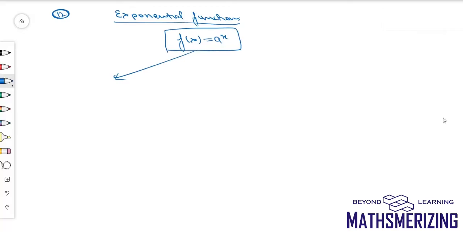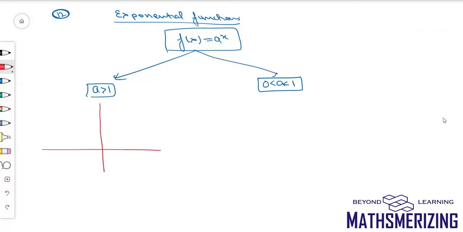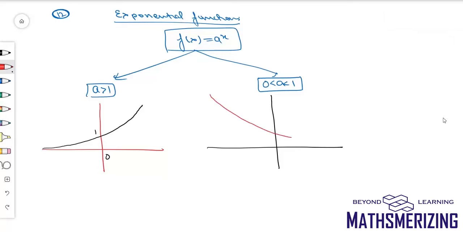Depending on the value of a, whether a is greater than 1 or a lies between 0 and 1: if a is greater than 1, the exponential function is an increasing function, and when a lies between 0 and 1, the exponential function will be a decreasing function. The exponential function is always positive, so it will always lie above the x-axis.